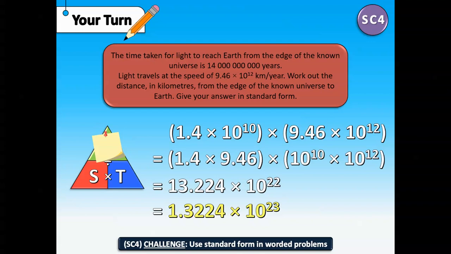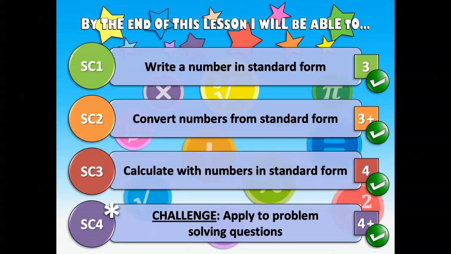So our answer is 1.3224 times 10 to the power of 23. And now we've completed success criteria 4.